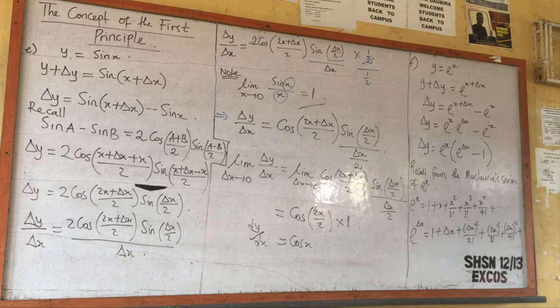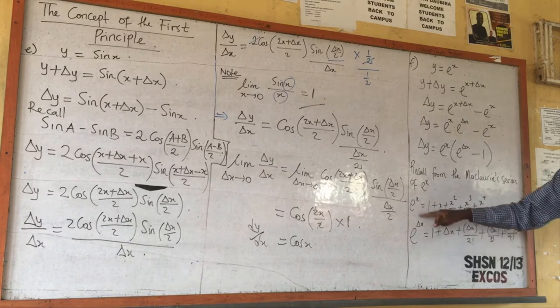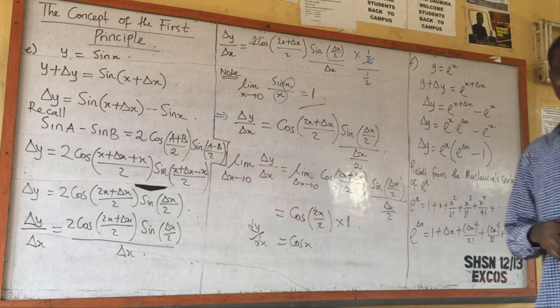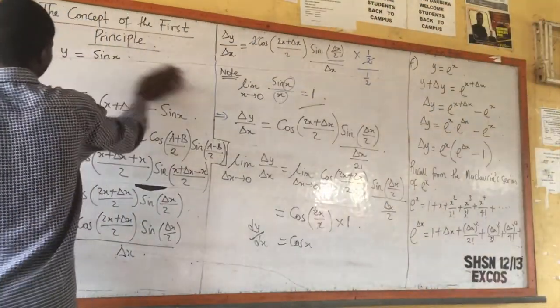Now, God told me, look at the brackets. You have exponential delta s minus 1. Bring this 1 to the other side so that you will also have exponential delta s minus 1. So I just obeyed. Let's see what will come out of it.